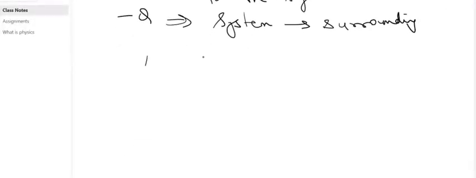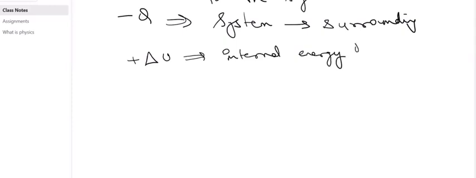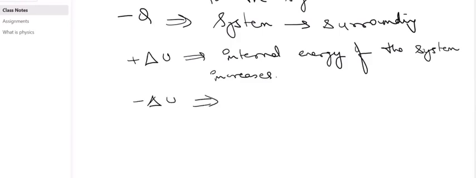So now after this we have delta U. If my delta U is plus, that means the internal energy of the system is increasing. If I write minus delta U, it means the internal energy is decreasing.